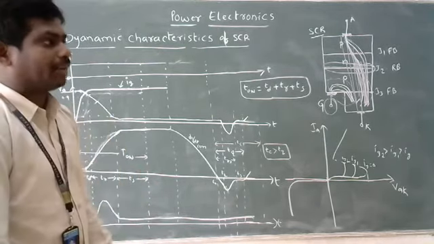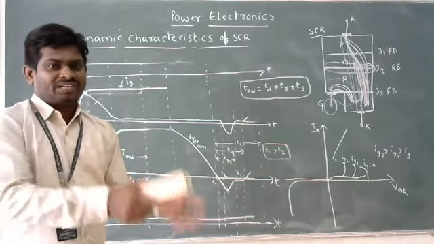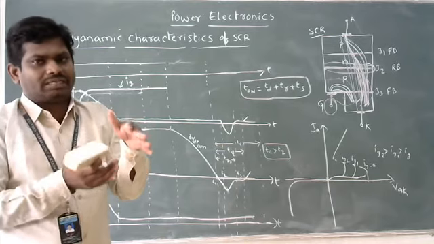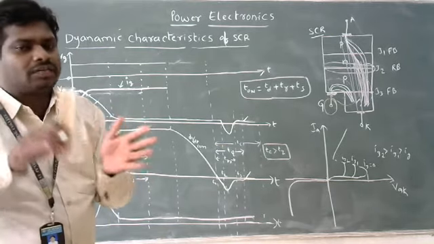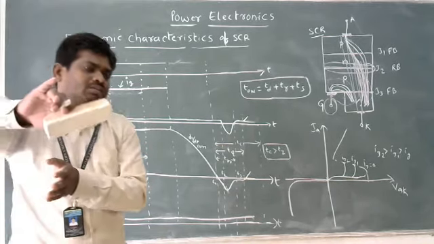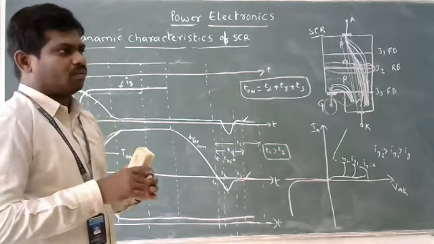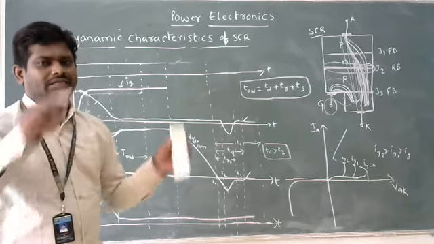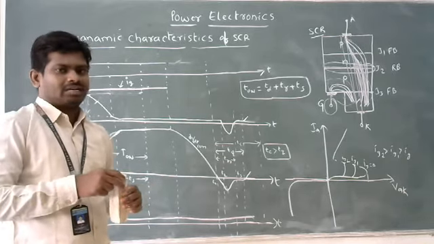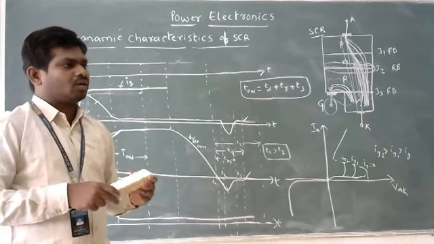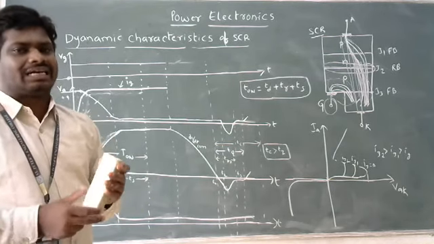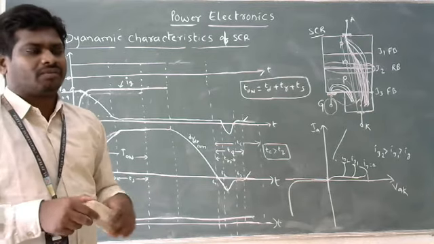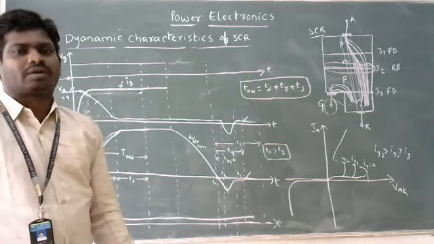Whatever voltage is applied across the switch, across the device and load, the entire voltage appears across the device itself, and there is no voltage across the load. When we apply KVL to that series circuit, we can understand this very easily. Whatever the applied voltage is, it is available across the device when it is operated in the forward blocking state.